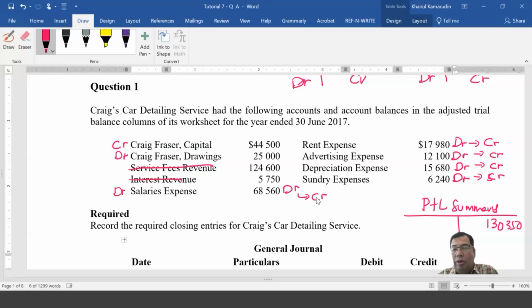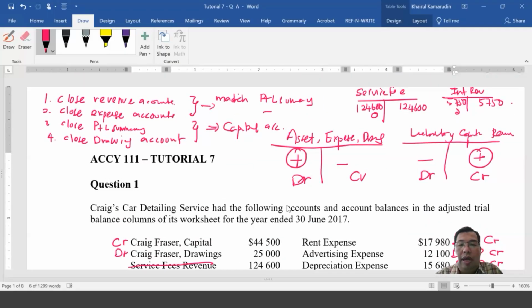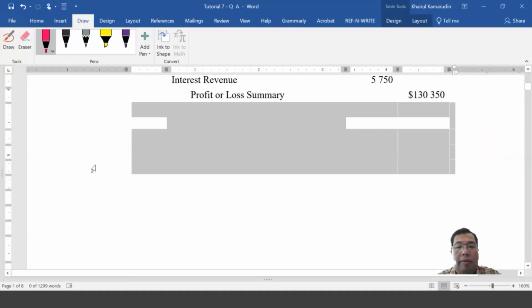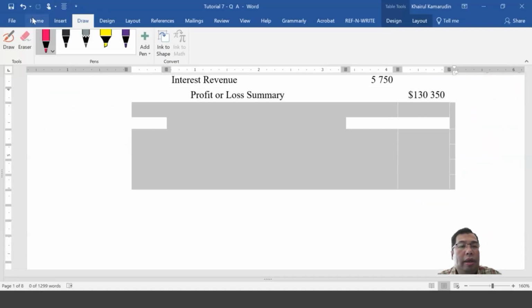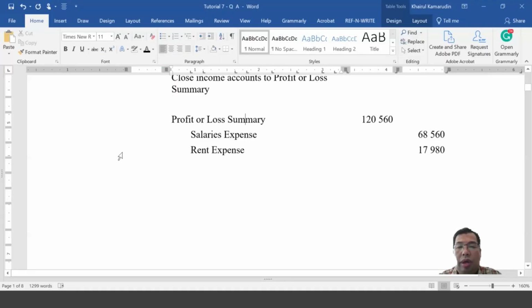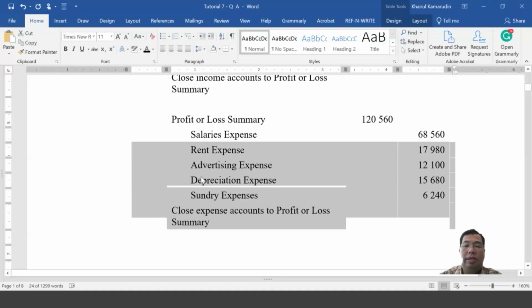So what account are you going to debit? The match will be your profit and loss summary for number 1 and number 2. So let us try to do it. Okay, I'm going to put the answer here. We're going to record all the expenses here.